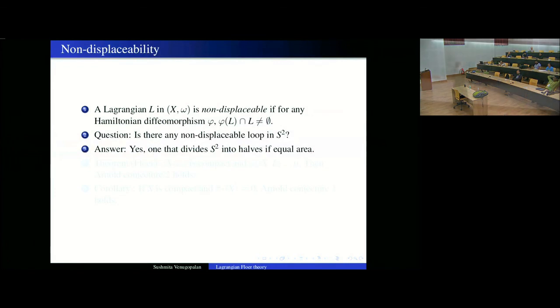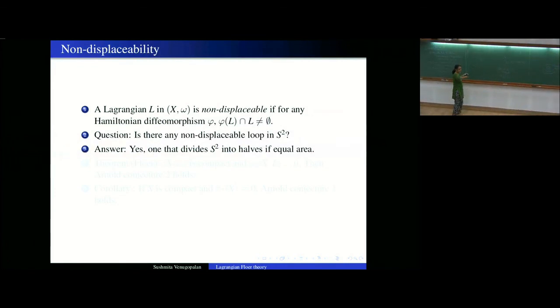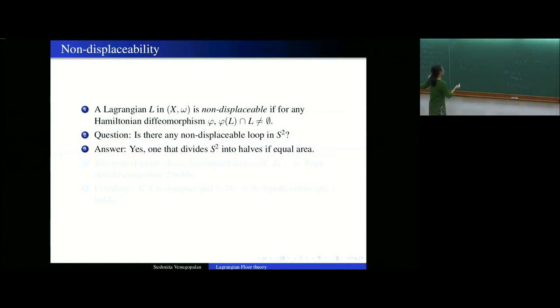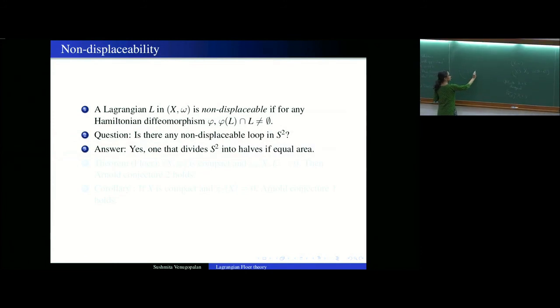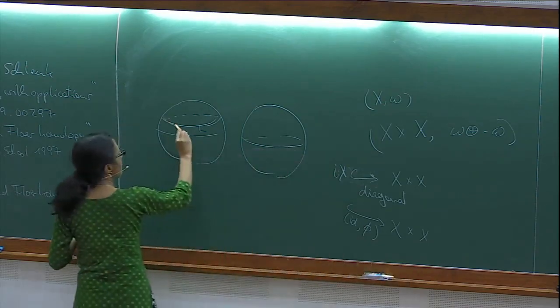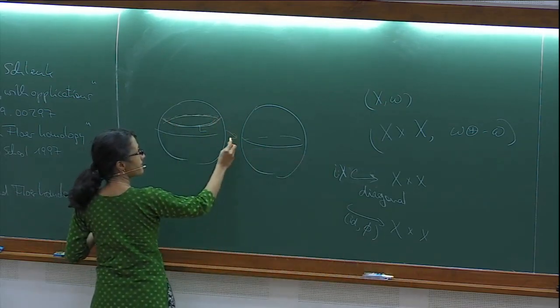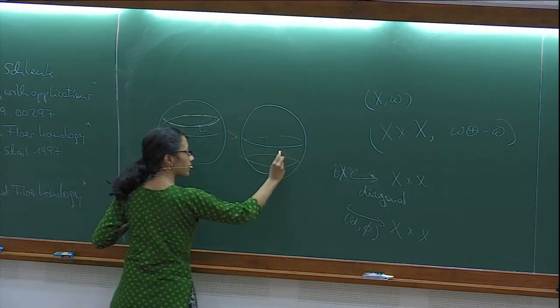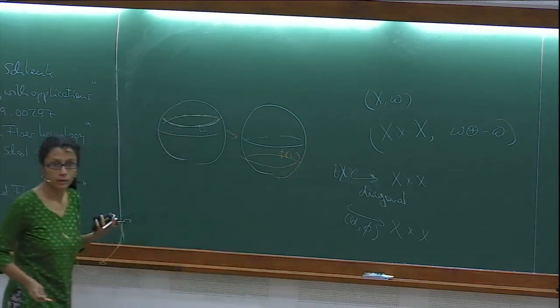So let me just think of S2 as getting the volume form from R3. Then this is the equator, say, and so this is my L. So by a volume preserving diffeomorphism, I can map this L to this, right?